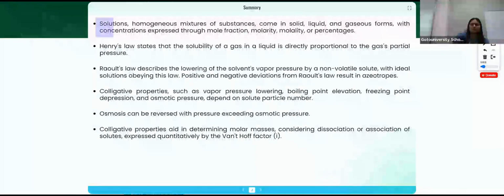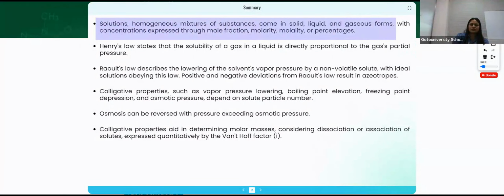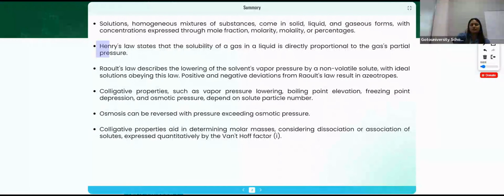The first point, solutions, we have done homogeneous mixture, heterogeneous mixture, in solid, liquid and gaseous forms, their concentration, how to express concentration, mole fraction, molarity, molality, volume percentages, mass percentages, right?